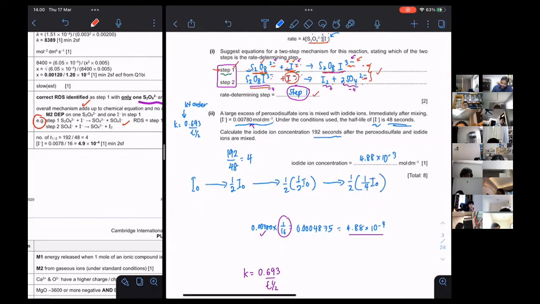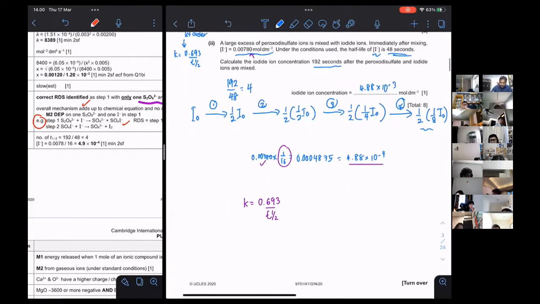Then after that, the fourth is going to be half of 1 over 8. In total, after the first, second, third, and fourth, we are looking at 1 over 16 of the initial concentration. So therefore, I use that value and calculate, and I will get this particular value, which I put as my answer.